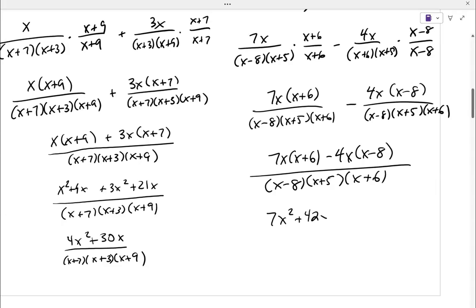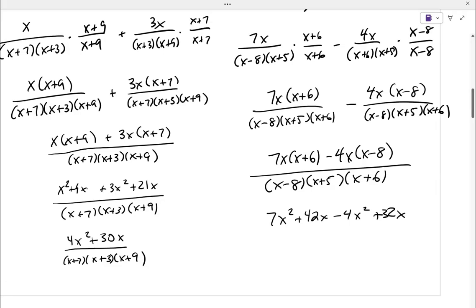Yeah, it's 42x. Good. I agree. And then what do you get when you distribute the minus 4x to both terms in the second one? Good. Yep, that's right. Good.